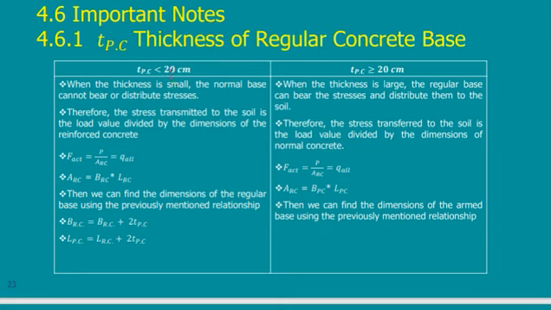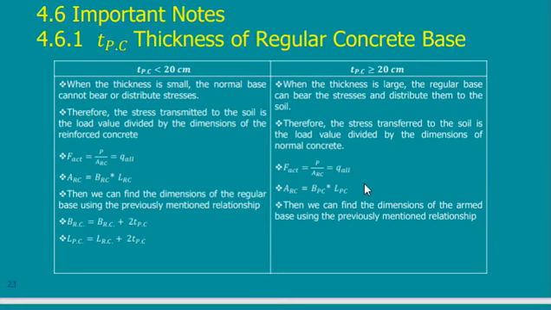According to the Egyptian code, 20 centimeters is the minimum thickness of plain concrete in case you want it to be included in your design. Less than 20 centimeters, then it is just for فرشة نظافة. More than 20 centimeters, then you can use it in your design. So these are the differences.